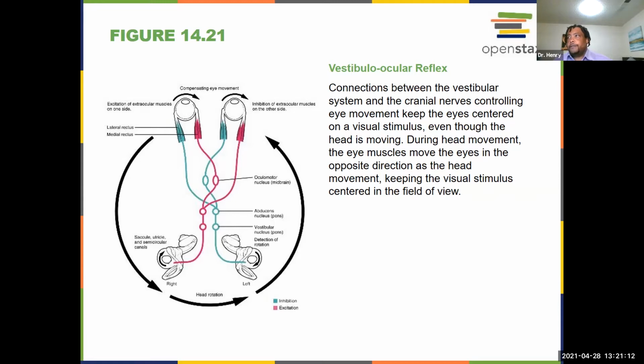Okay, so in terms of our eyes, as we turn and rotate our head, our eyes are going to compensate for that rotation. If we're turning towards the left, then our eyes turn towards the right to compensate for that movement.